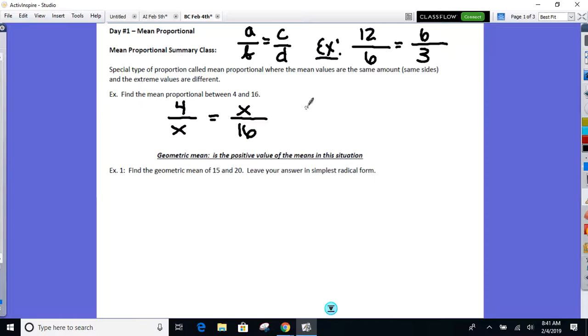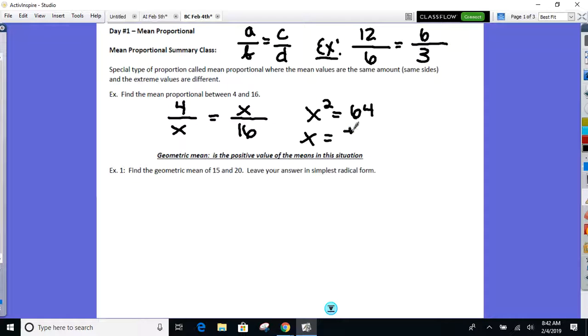So we go ahead, we cross multiply. X squared is equal to 64. Square root both sides. X is equal to, gotcha. Yeah, it is equal to 8, but also doesn't it work if I plug a negative 8 in there? I'll get positive 64 too.